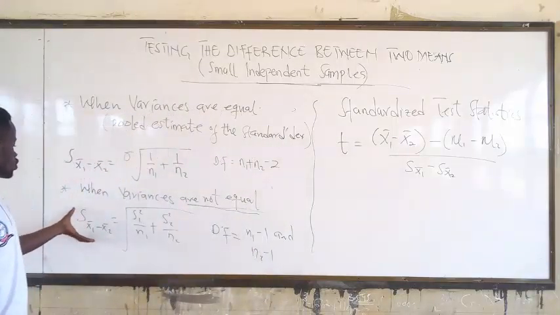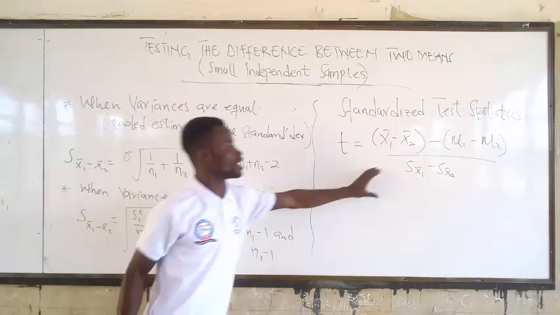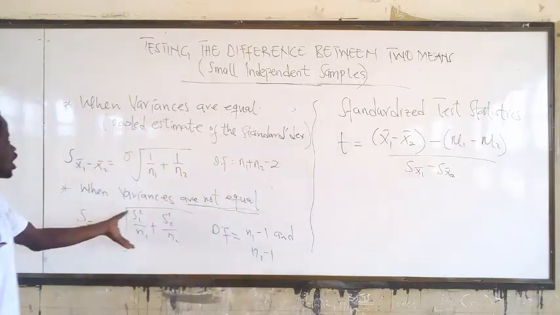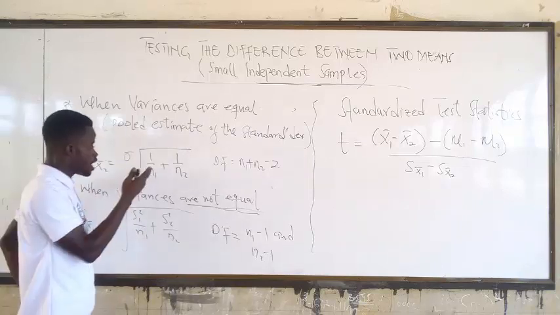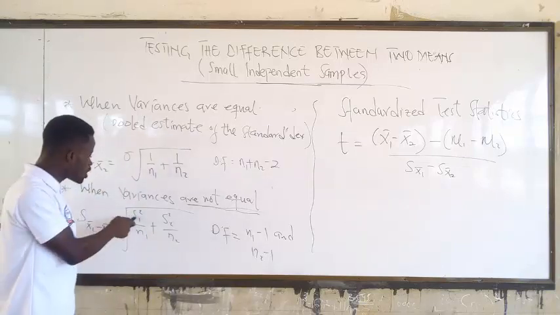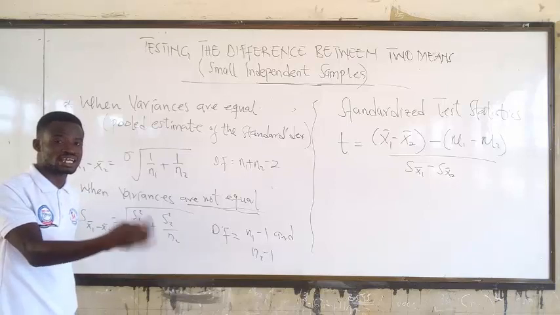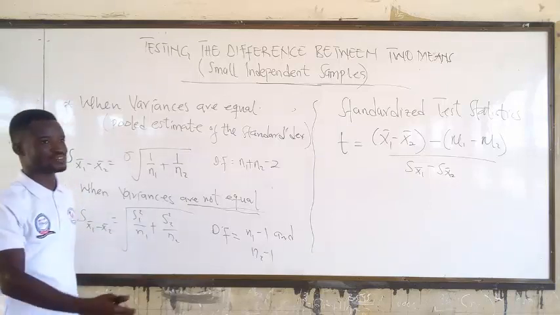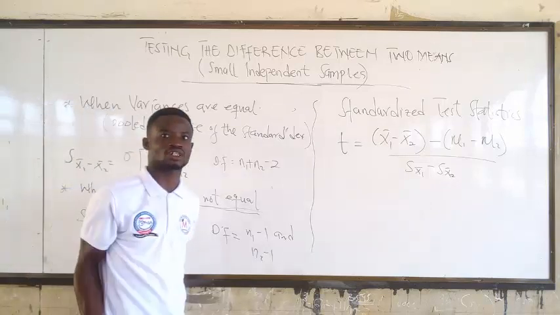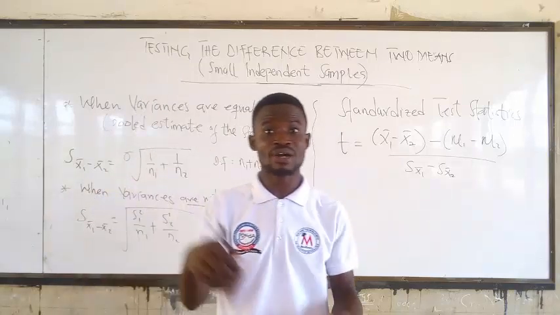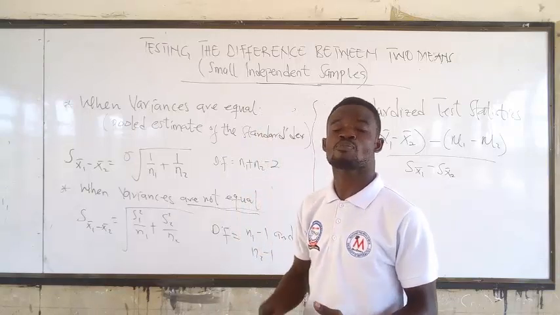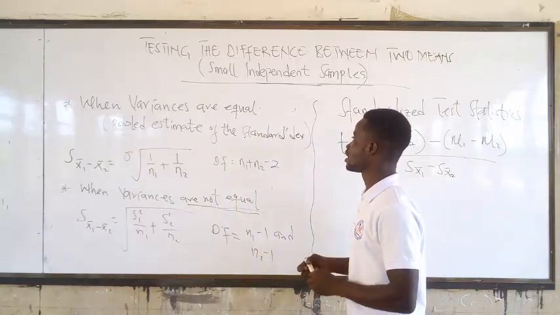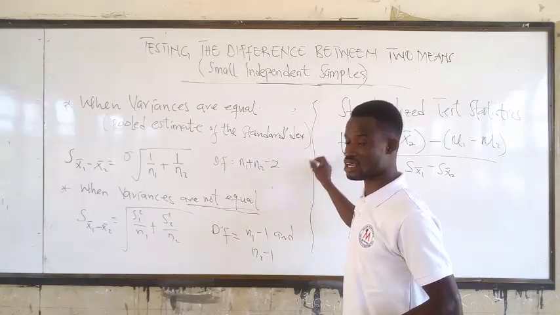So when they are not equal, this one here is going to be equal to this. So now, see, it's not equal, right? You know the S is representing the sample standard deviation. It doesn't matter whether sample standard deviation or population standard deviation; from the question, if you hear sample standard deviation, represent it by S. If you hear population standard deviation, represent it by sigma.